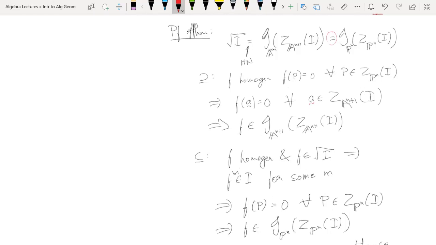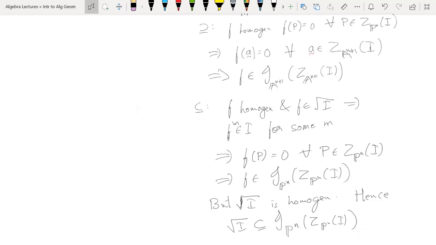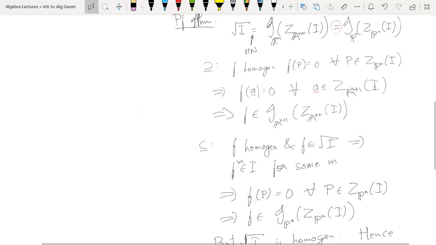What we want to do is show that if f belongs to radical I, then it's contained in the right hand side. That's the easier step, which I don't think requires the Hilbert Nullstellensatz. So let's take f homogeneous and f belongs to radical I. Then some power of f belongs to I by definition. Since some power of f belongs to I, that power of f vanishes at all points.